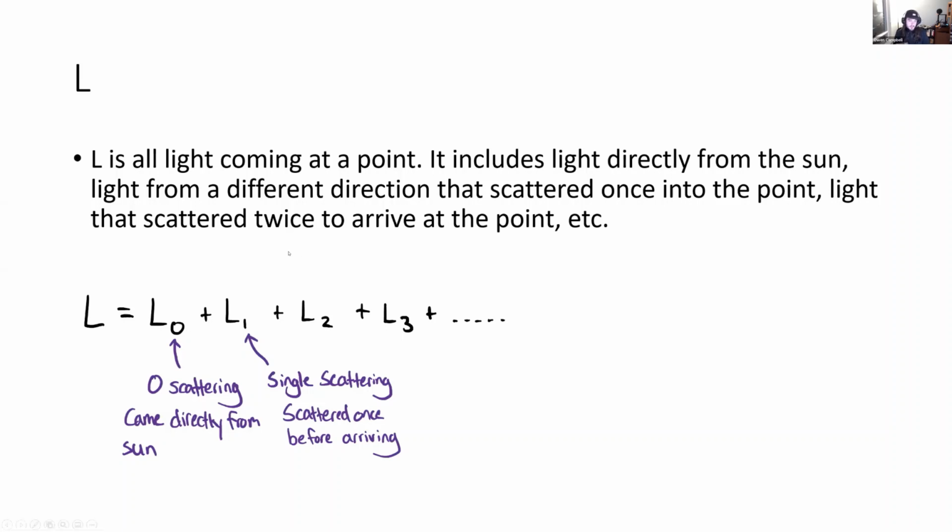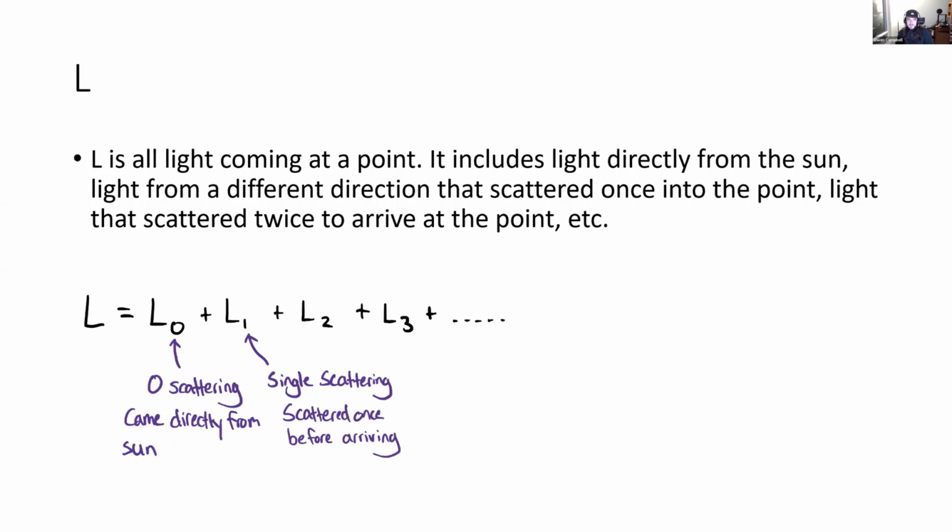So the real value of this L function is going to be the infinite sum of all possible amounts of scattering. An important thing, though, is that as you add more terms of this, you get very diminishing returns. And after a certain point, it's not very easy to tell what actually changed.